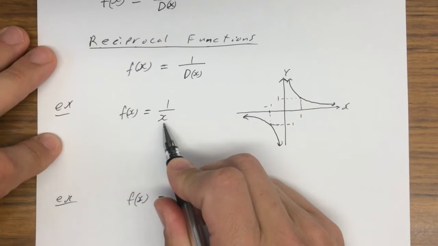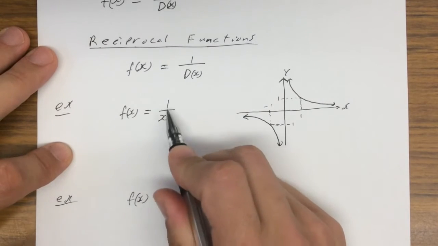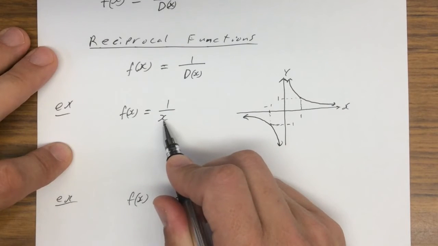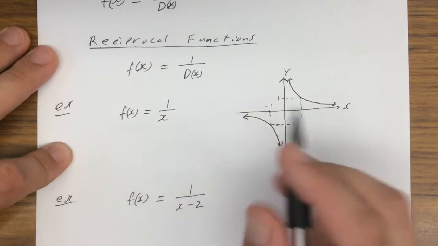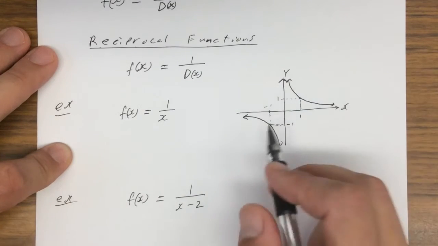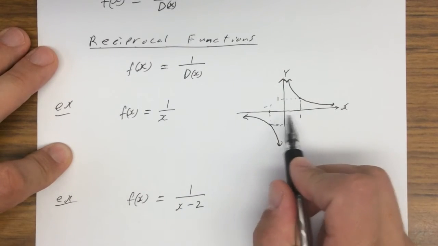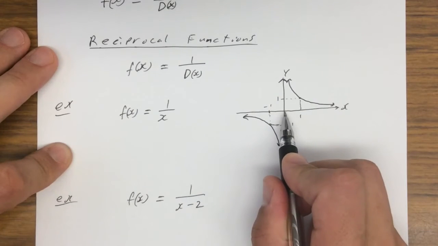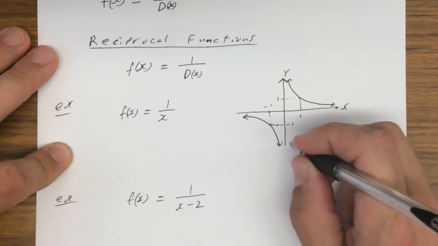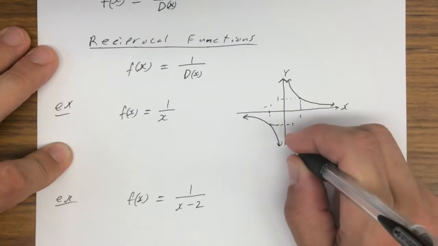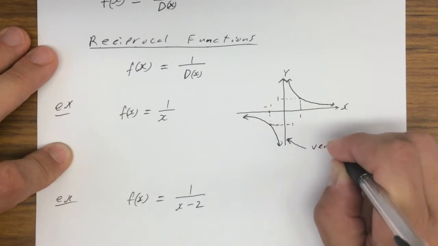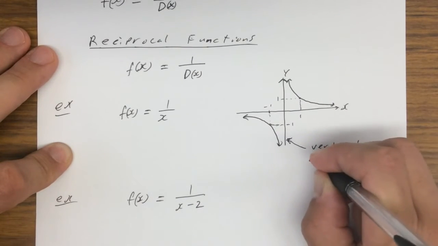And if you think of why, you cannot divide by 0. So because you cannot divide by 0, there is no y value for this function when x equals 0. So if you look at the domain for this function, x is all real numbers except for 0. So what we have here is what's called a vertical asymptote. The y-axis ends up becoming a vertical asymptote.